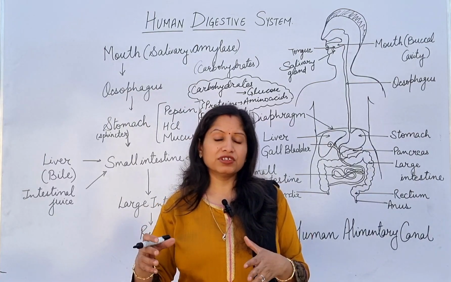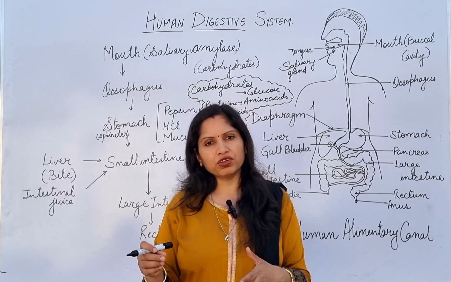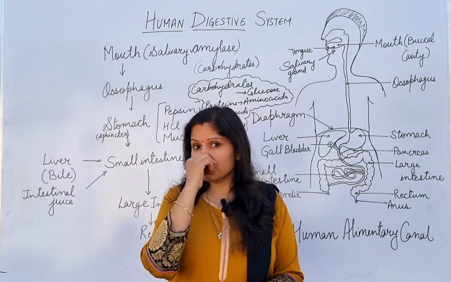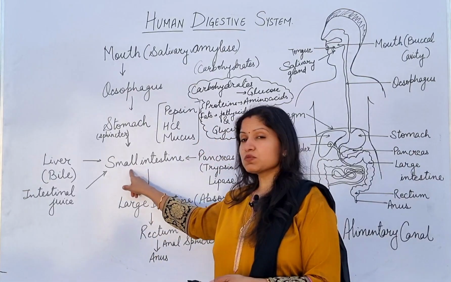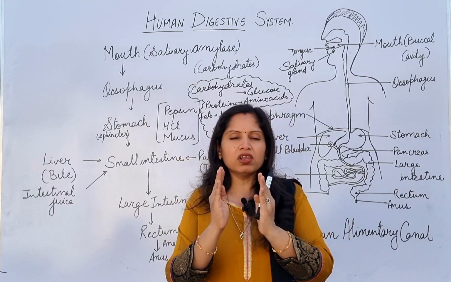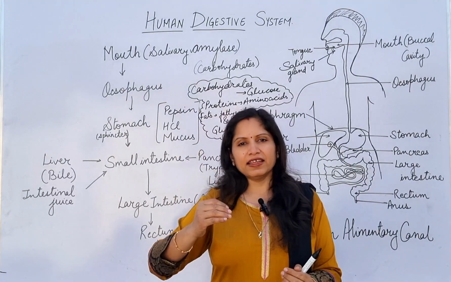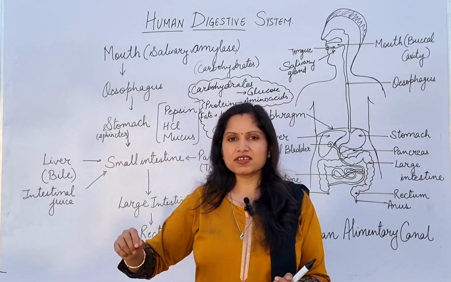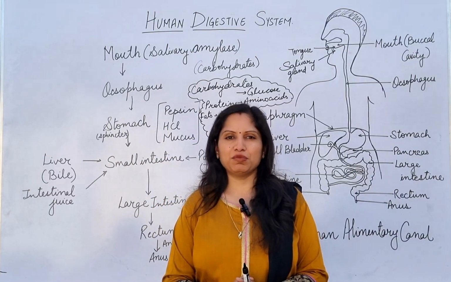Digestion of plant food that contains cellulose is much more difficult as compared to animal food. So the herbivores will have the longest small intestine, and the carnivores will have the smallest small intestine. If we compare a carnivore and a herbivore, the length of the small intestine will be larger in the case of a herbivore.